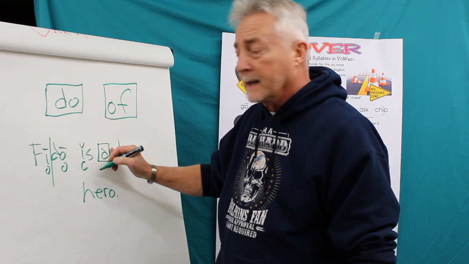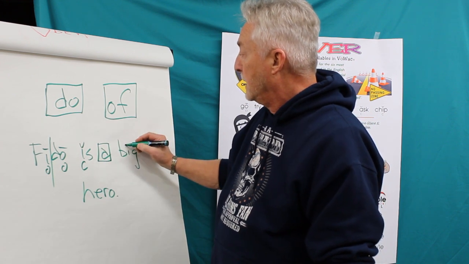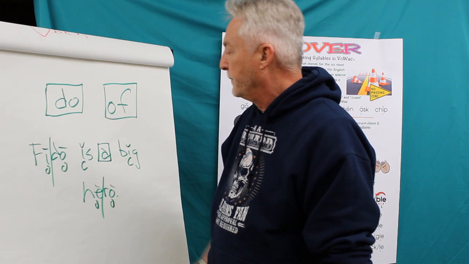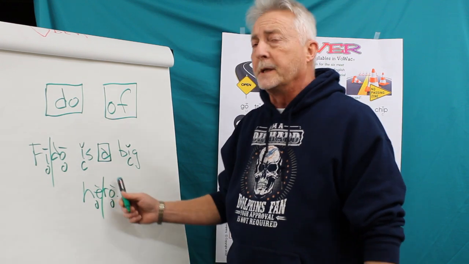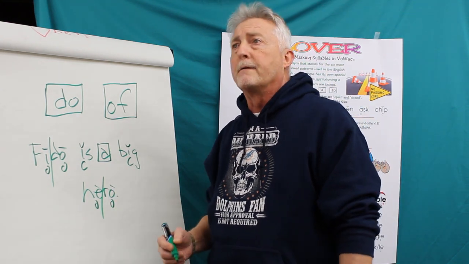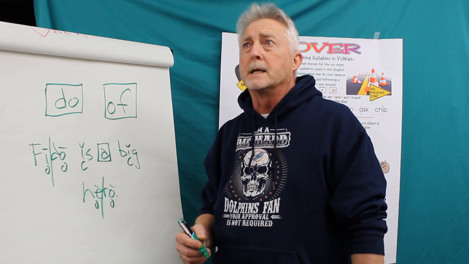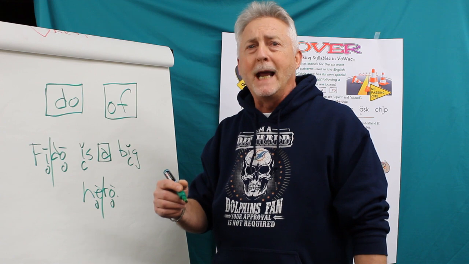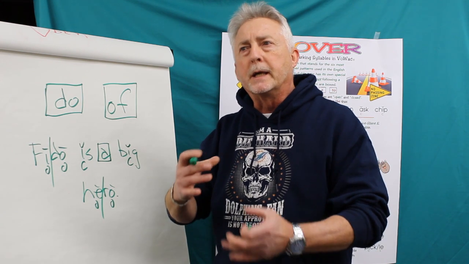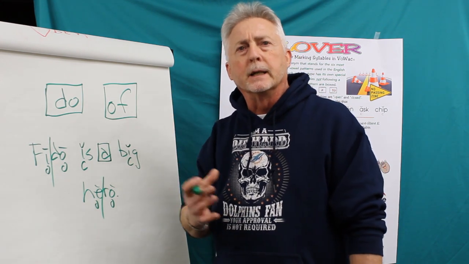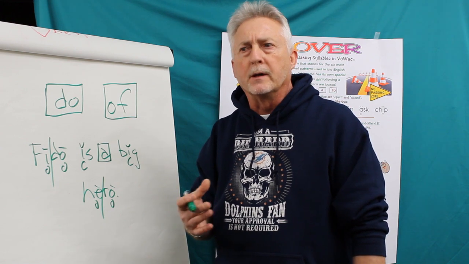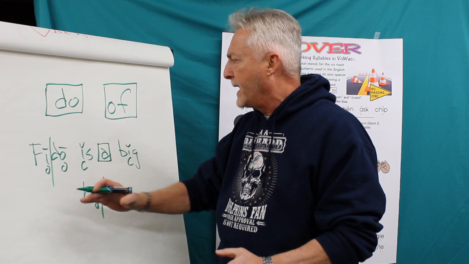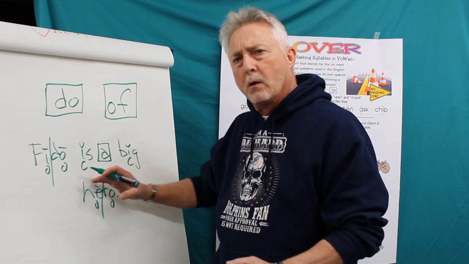I'm going to talk a little bit about this when I get to the rest of the sentence here. This is closed, open, open. Sometimes when you do this dictation, you have to over-enunciate. So if I were just starting out, I might say something like, Fido is a big hero, to make sure that kids can hear exactly what it is that you're saying and what you want them to get as far as some of the syllabication. So that's where we're at with how we would clover mark this sentence.